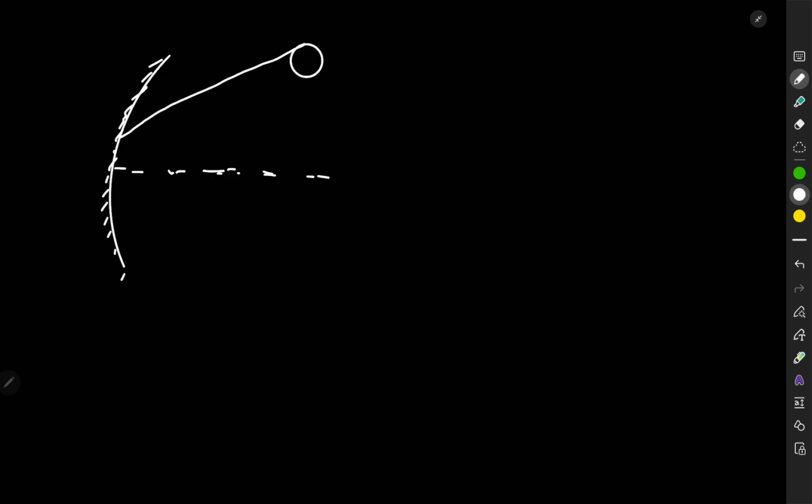Diameter of image of a distant object. So what will you do for that? Let's say there is a concave mirror. Let's say there's a sun. The rays will come like this, and it will be like this, theta, theta.